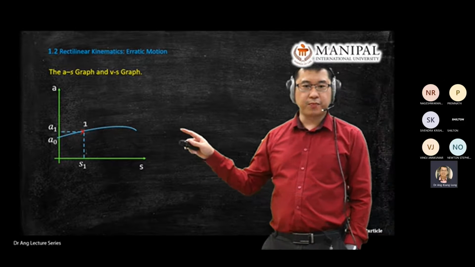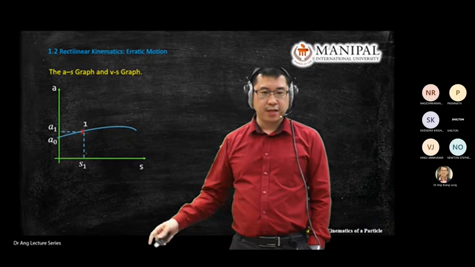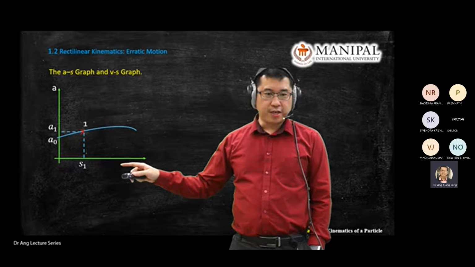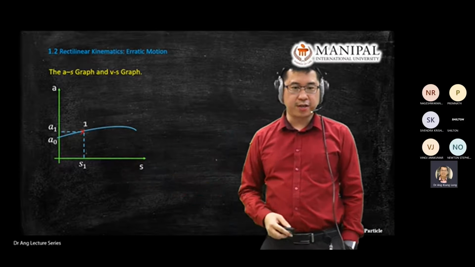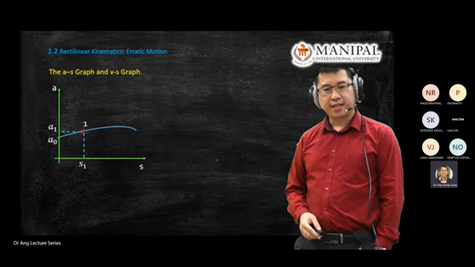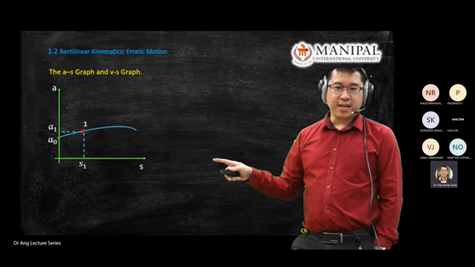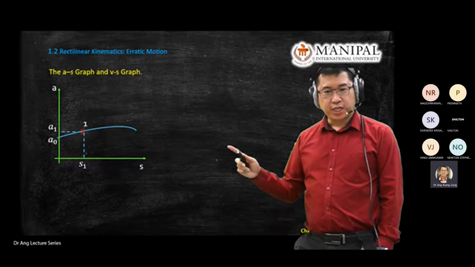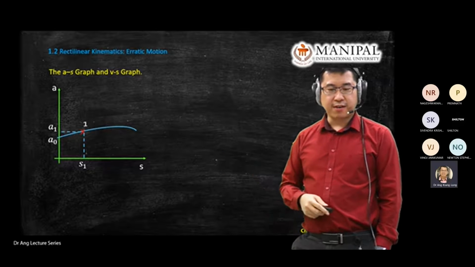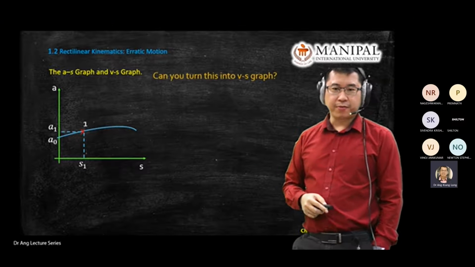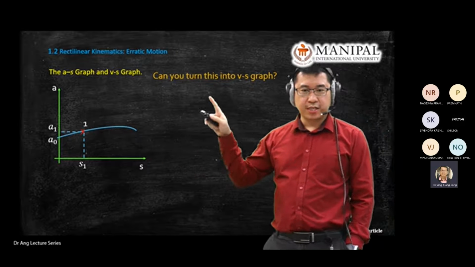What information can we extract from this graph? You have position, you have acceleration. Can you link the AS graph to generate a V versus S graph, or another type of graph? Can you change this one to this one?